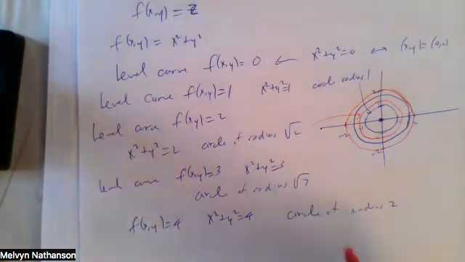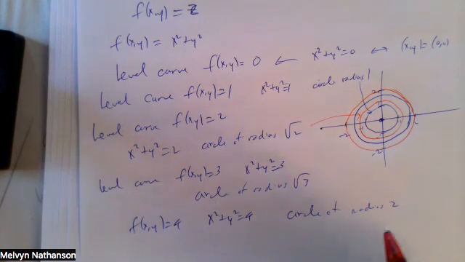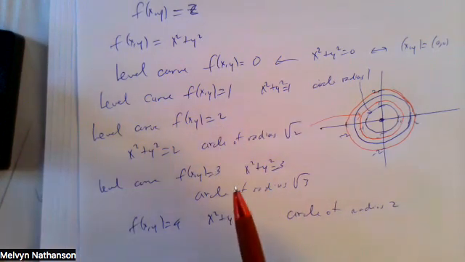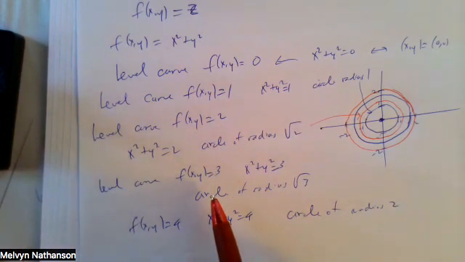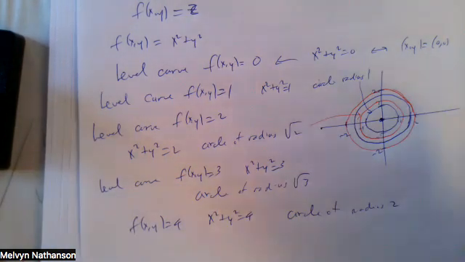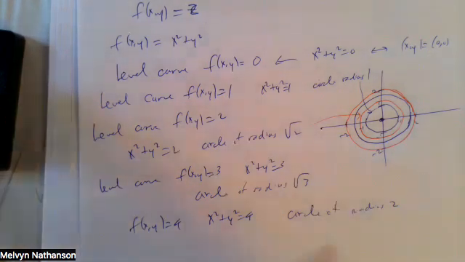So these are the level curves of the function. And the closer these curves are to each other for equally spaced values of the right-hand side, the faster the surface is moving up, and the further apart these curves are, the more slowly the function is increasing.